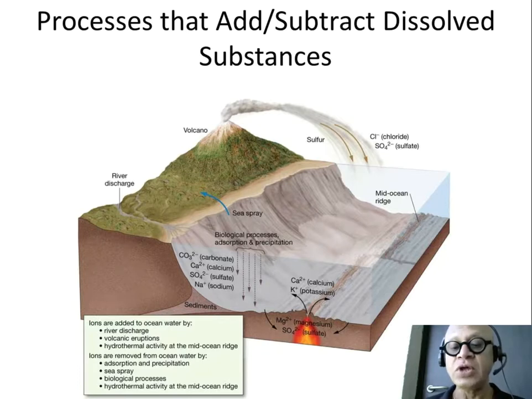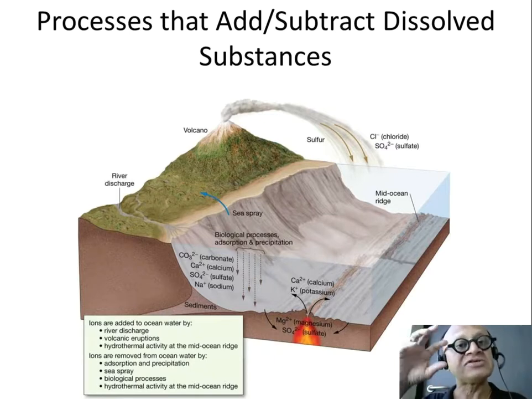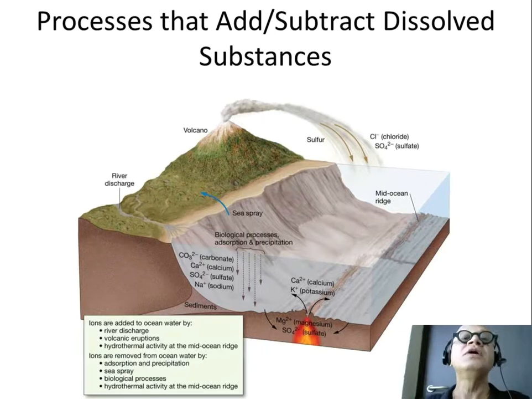We need to know how the profiles look so that when the water gets circulated, whether the substance coming from below is higher in concentration than near the surface or lower in concentration, or when the water near the surface sinks, whether it's taking higher concentration material from the surface to lower concentrations at the bottom, or lower concentrations are being taken deeper into the ocean, and so on. So this cycling is very, very critical, and how long it remains is very critical. That's why we talk about the residence time.